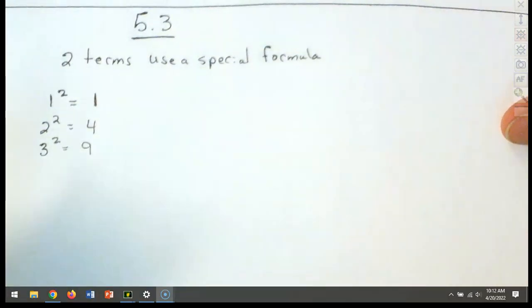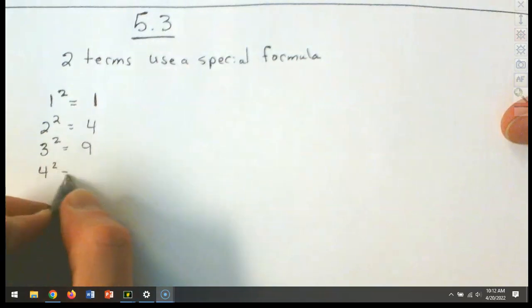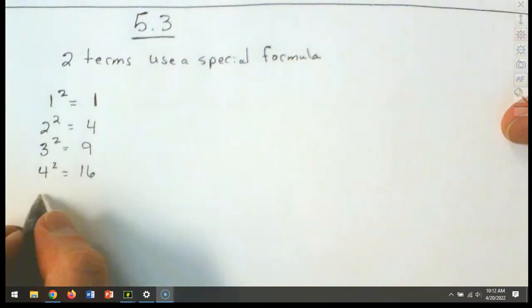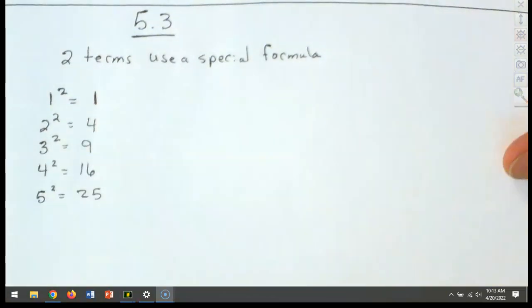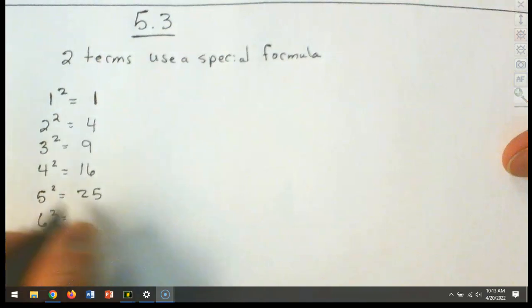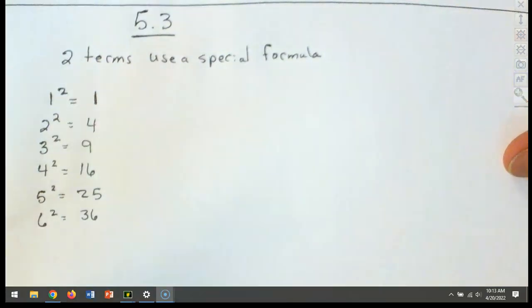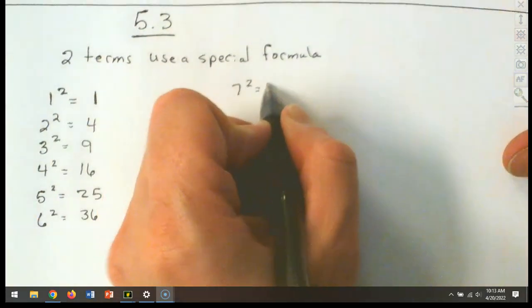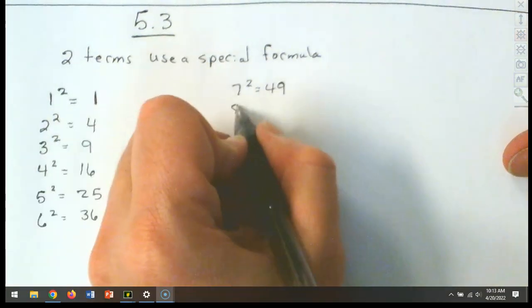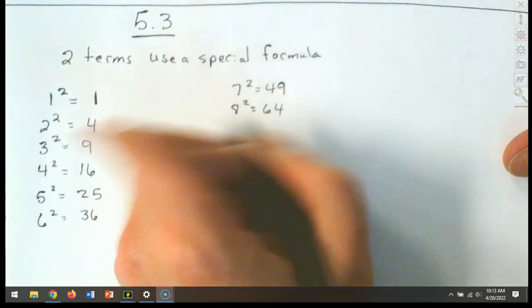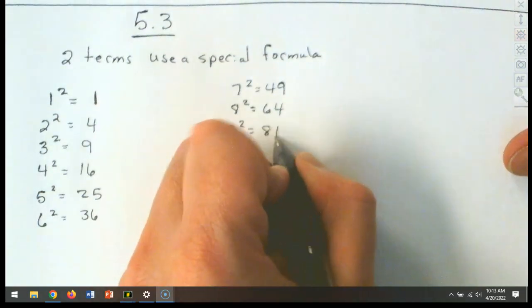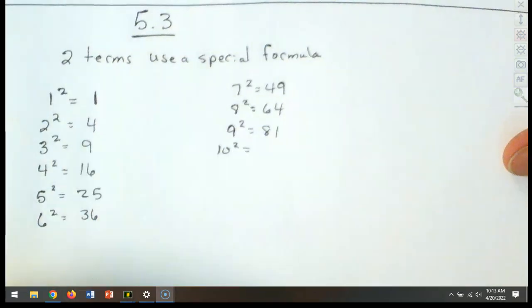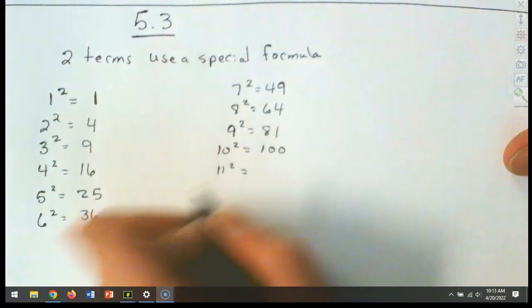We need our squares here. 4 squared is 16. 5 squared is 25. 6 squared is 36. 7 squared is 49. 8 squared is 64. 9 squared is 81. 10 squared is 100. 11 squared, I believe, is 121.